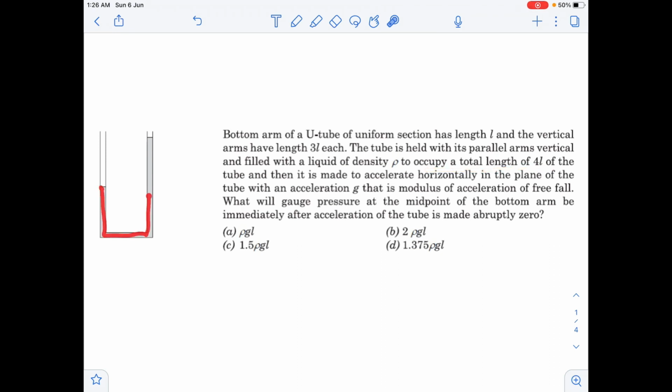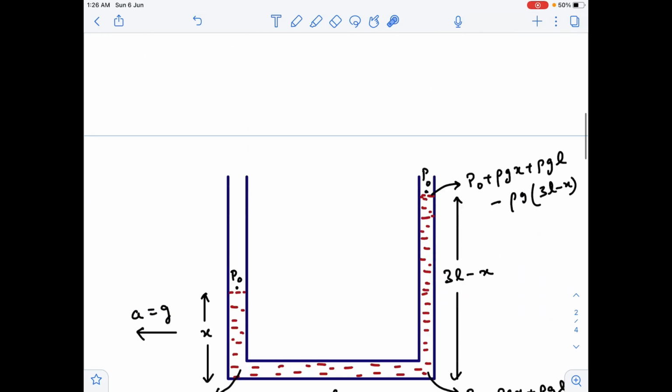It is then made to accelerate horizontally in the plane of the tube with an acceleration g. What will the gauge pressure at the midpoint of the bottom arm be immediately after the acceleration of the tube is made abruptly 0? So we need to find the gauge pressure at the midpoint of the liquid just after the tube stops accelerating.